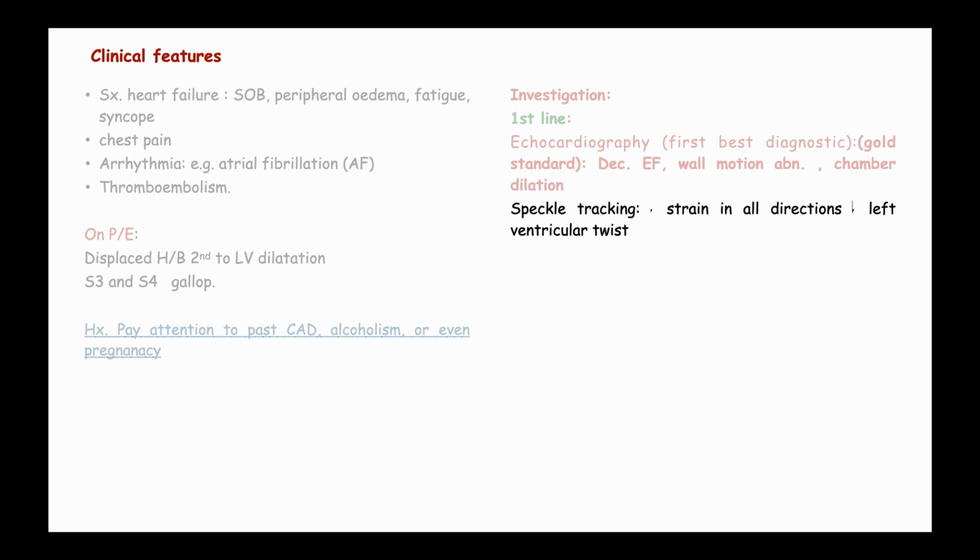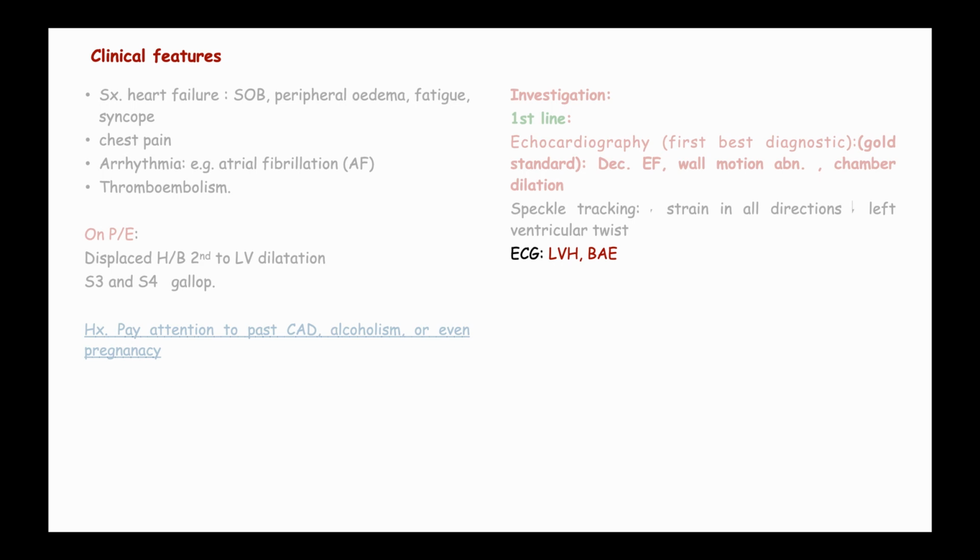a decreased ventricular twist. We may also go in for the ECG, and as we explained earlier on, the manifestations of dilated cardiomyopathy are that of heart failure, and so we employ ECG and other methods to help us rule out certain forms of heart damage.